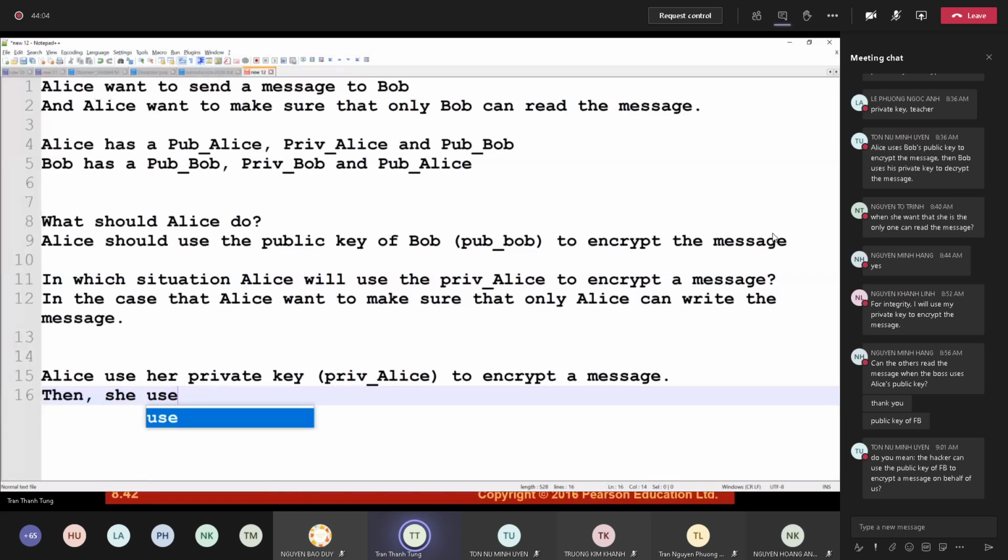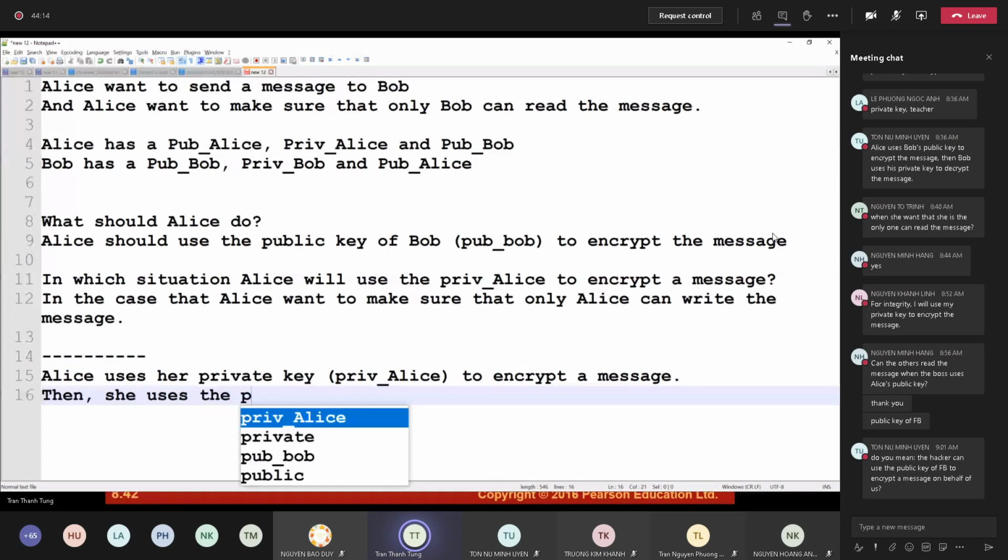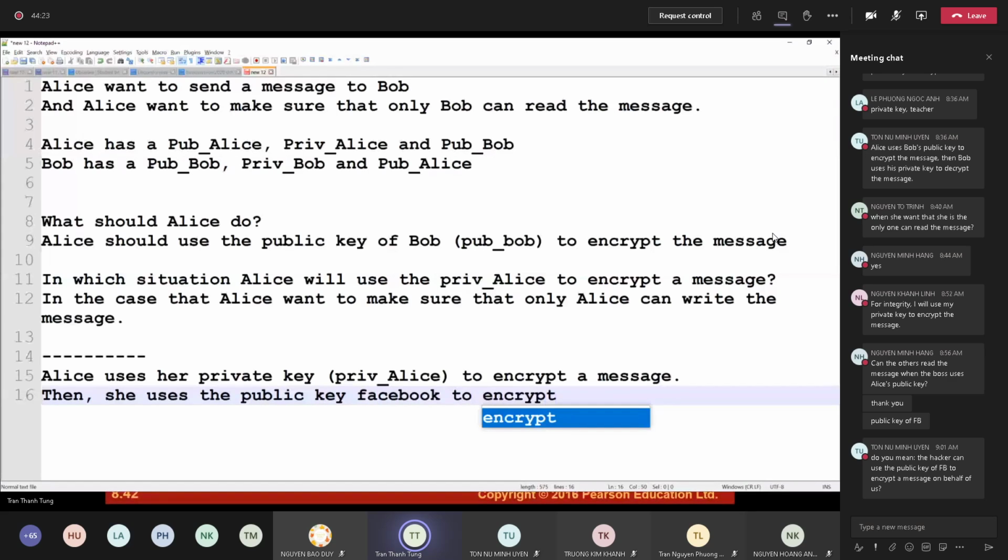Then she uses the public key of Facebook to encrypt the above encrypted message again.